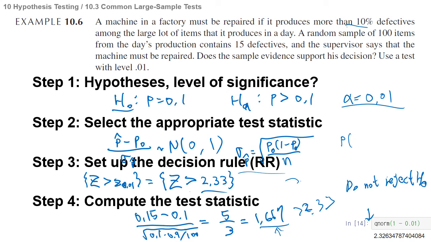So what we can say is that we do not reject the null situation, and we cannot tell that the supervisor is wrong or right. We just say that with alpha level 0.01, we cannot reject the null hypothesis. So this is our conclusion for the problem.